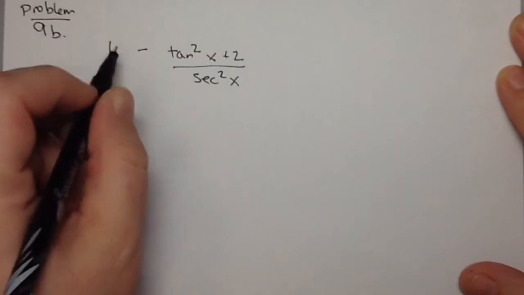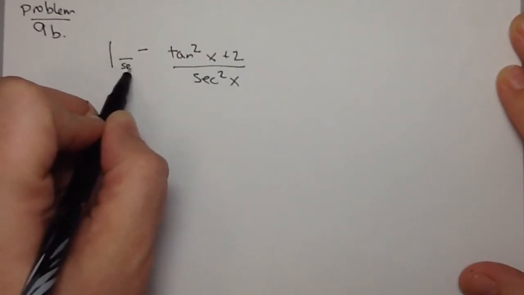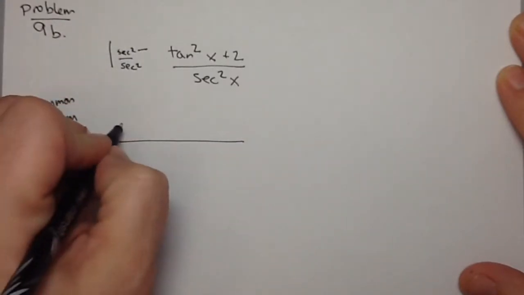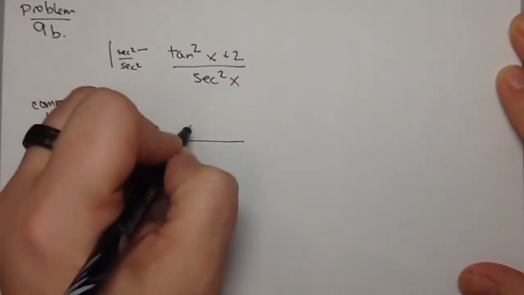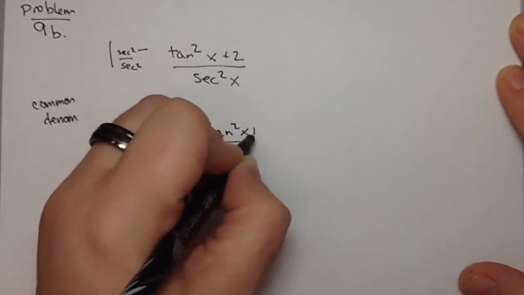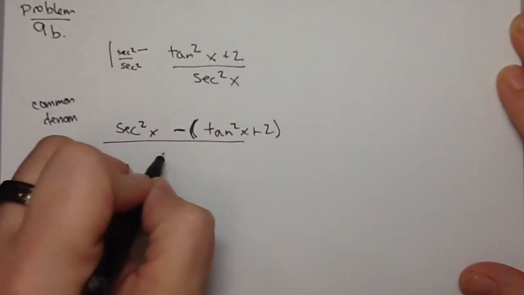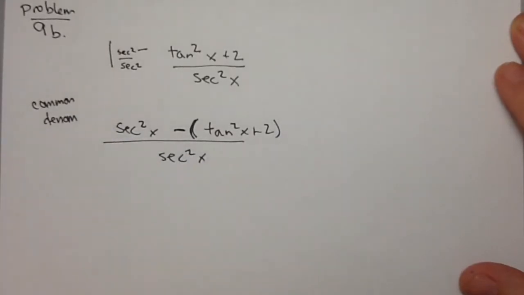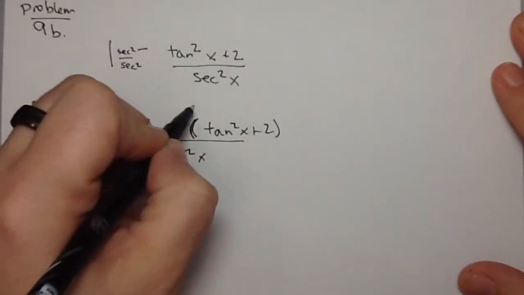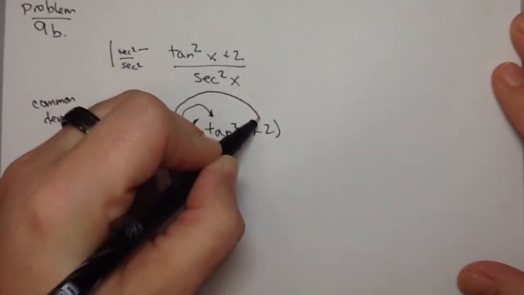So then I multiply top and bottom by secant squared. So that gives us secant squared x minus parentheses tangent squared x plus 2 over secant squared x. Be careful with these negative signs, guys, because this negative applies here and here.